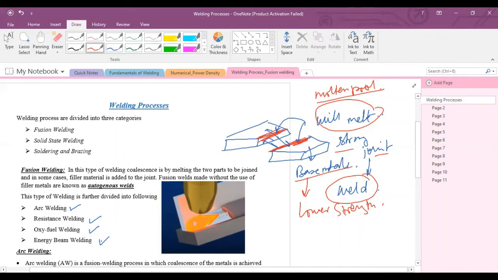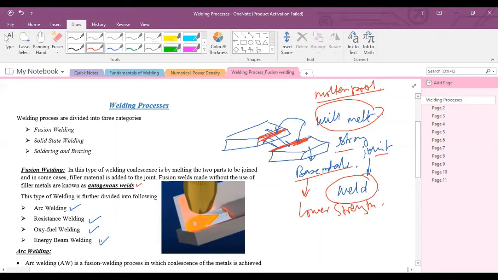The fusion welding processes where filler material is not required, and welding is done without filler material, are called autogenous welding or autogenous welds.